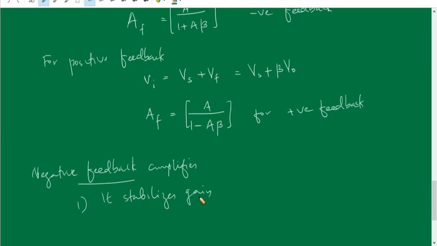A feedback signal to the input stabilizes the gain, because a portion of the output signal is going to the input. The second is that it improves the frequency response.